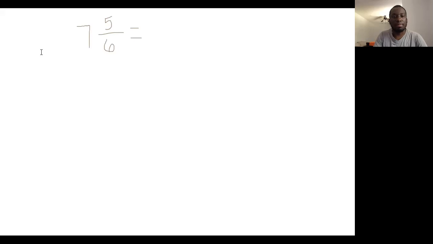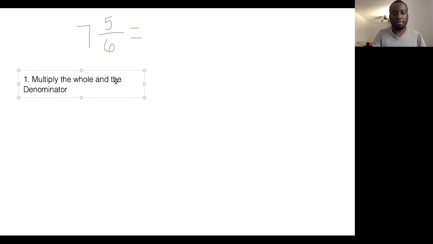My first step, step 1, is to multiply the whole number and the denominator. Denominator. That's my first step. Absolutely first step.